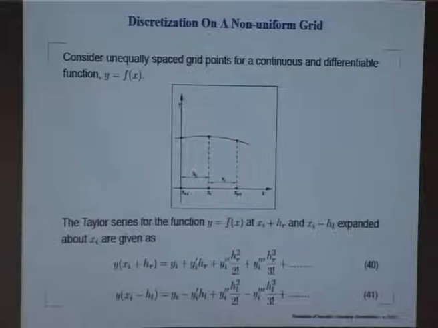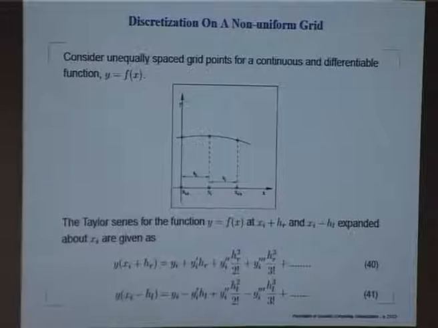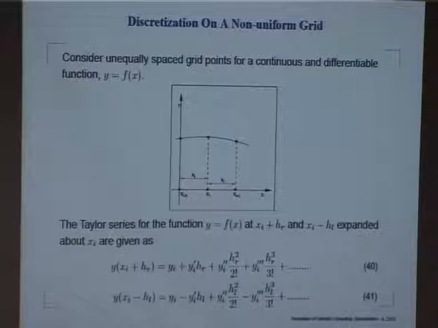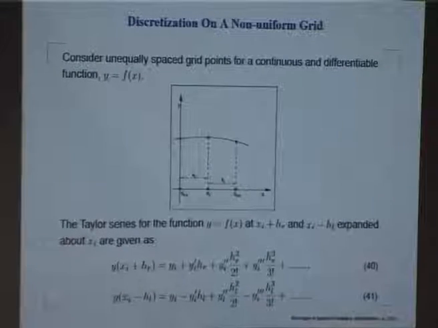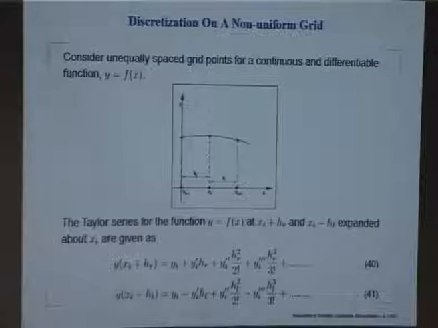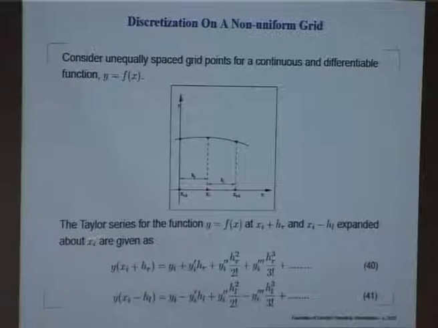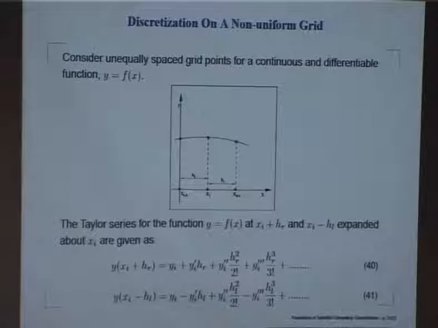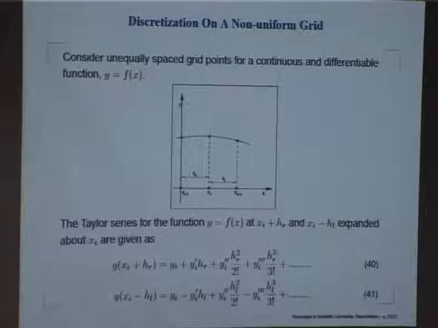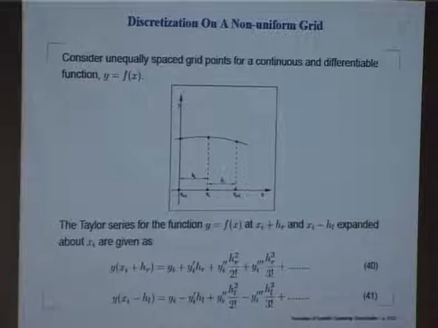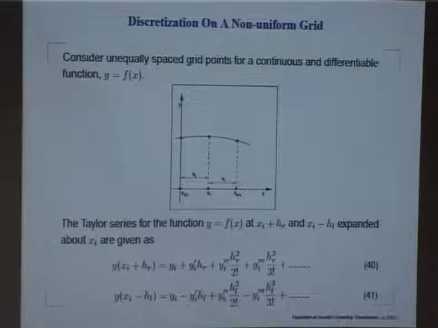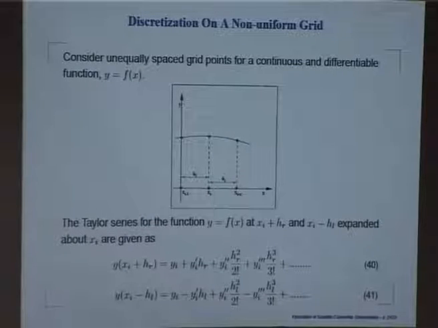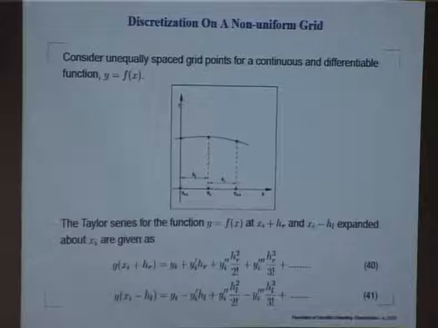Now, so far we have been talking about all these expressions with a grid where the grid points are spaced equidistantly. However, in most of the calculations that you would notice, like the assignment that you are doing, if you have a boundary layer very close to the wall, then you need to have very fine spacing near the wall.